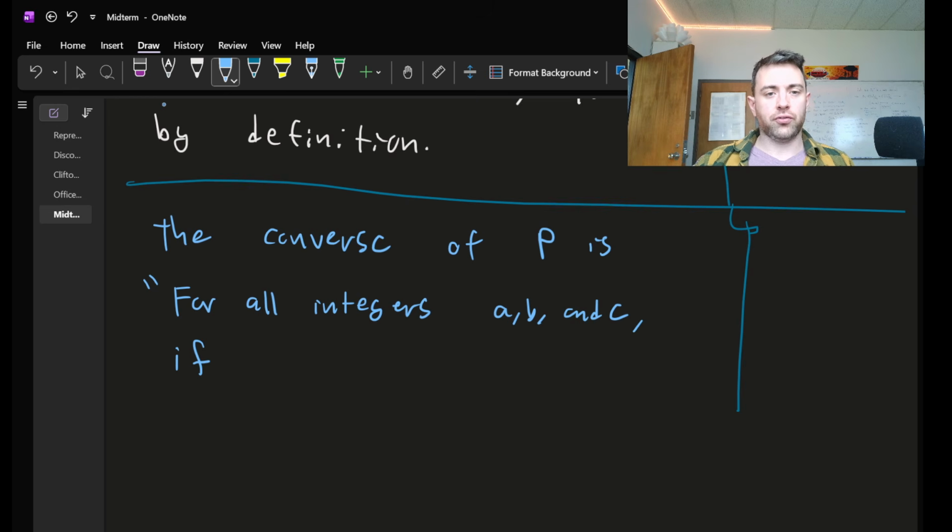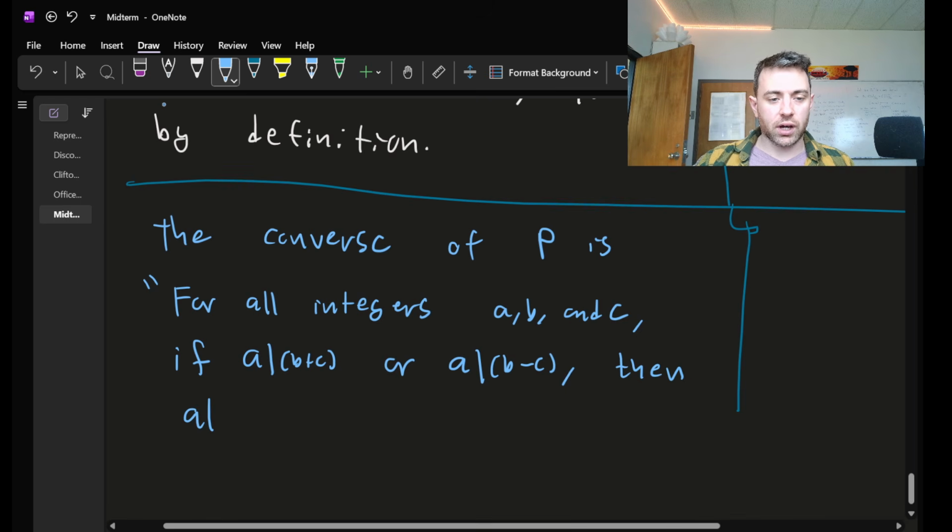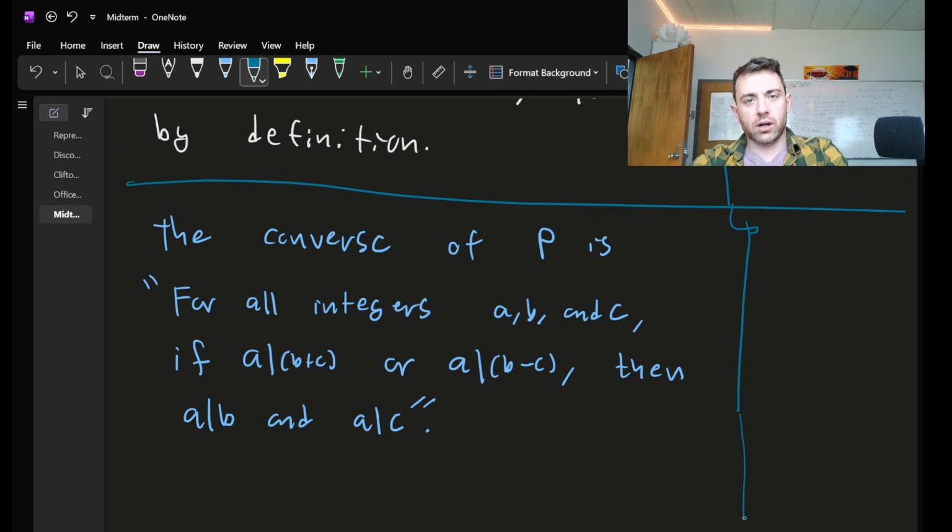Well, it's if, now the thing that was the conclusion before, if A divides B plus C or A divides B minus C, then A divides B and A divides C. Okay. Now we've got to do perhaps a little bit more work to see if we can go backwards here. So is this statement true or not?